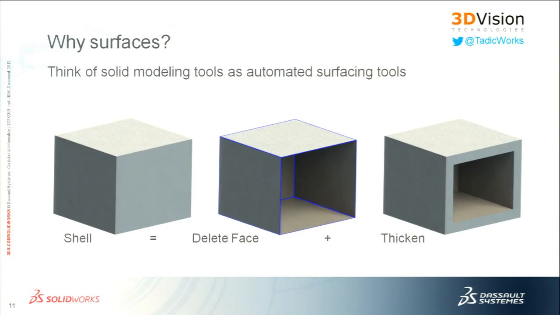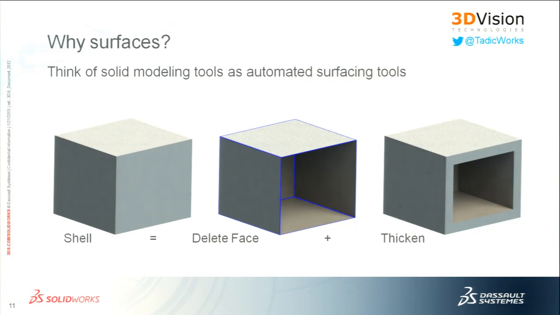So again, a lot of people are intimidated by surfaces. So don't be. Solid modeling tools that we have are actually nothing more than automated surfacing tools. When we're making a box, it's making all the faces, and then it's just doing one additional feature or calculation of filling that with the solid material.